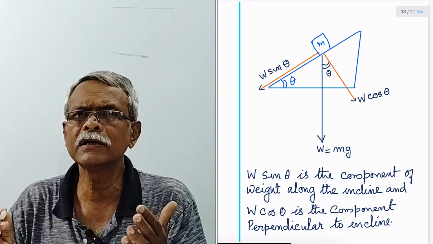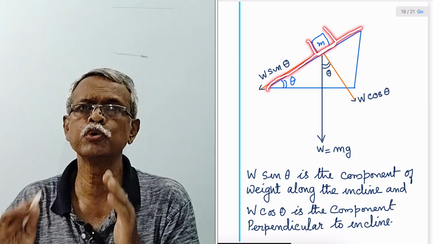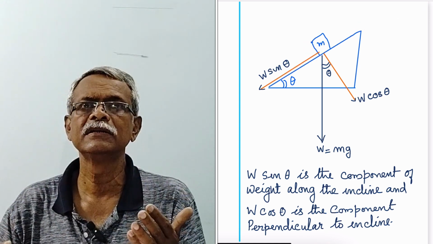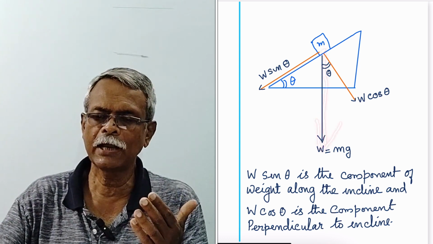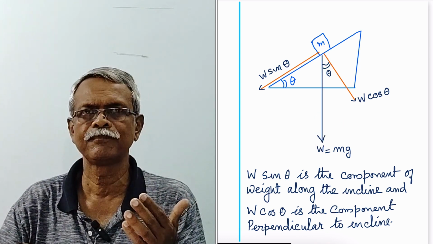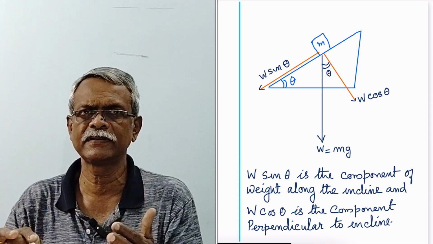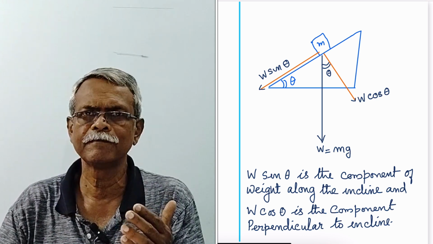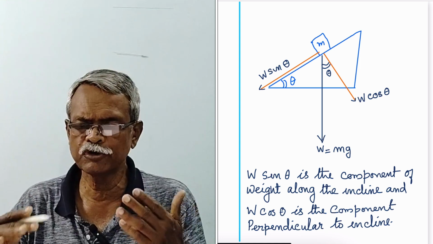We do not take the component along the x-axis and y-axis as usual. Instead of that, we take the component along the incline and perpendicular to the incline. That is, they are not x-axis and y-axis. We take it in that manner.